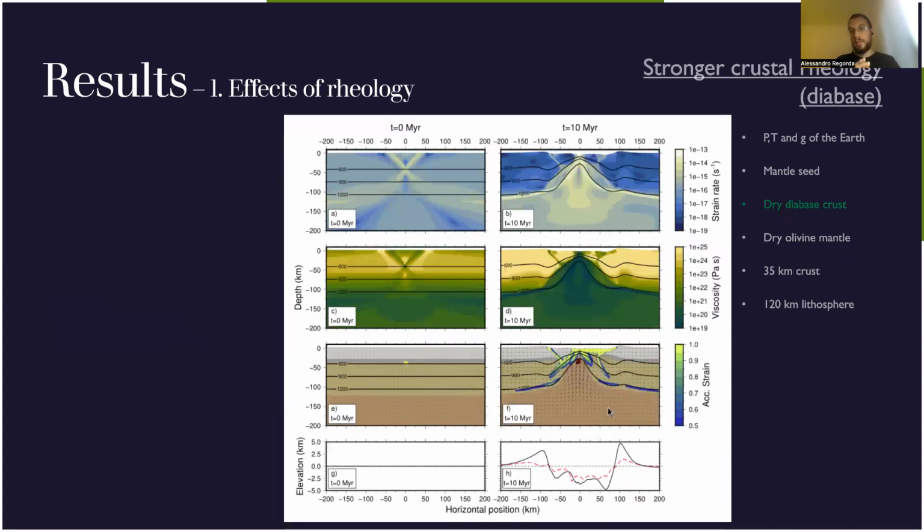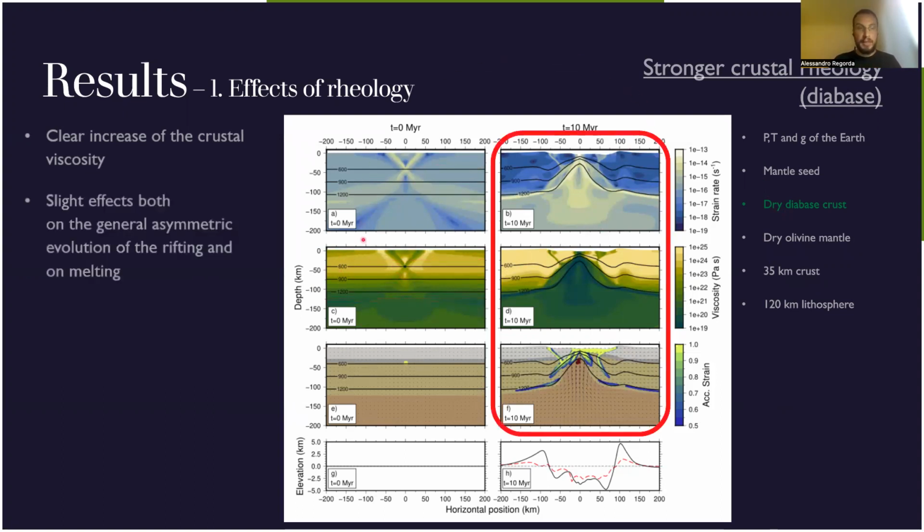So what if we change the rheology of the crust? Same model as before, but with a strong crust. Nothing really changes. There is of course an increase of the viscosity in the crust, but the general evolution is very similar.